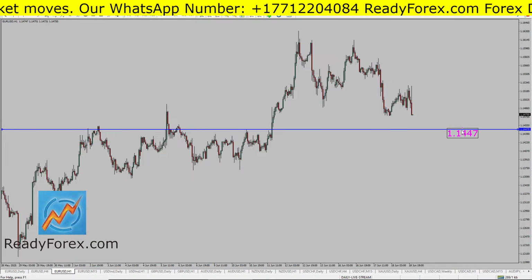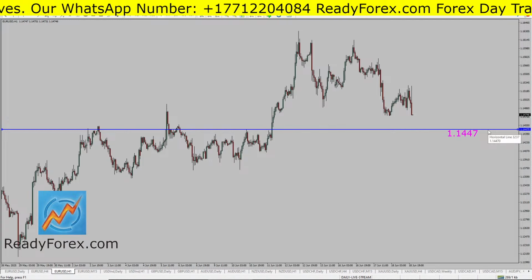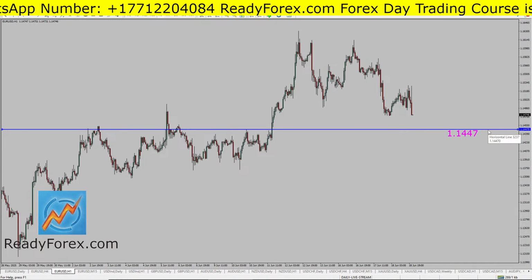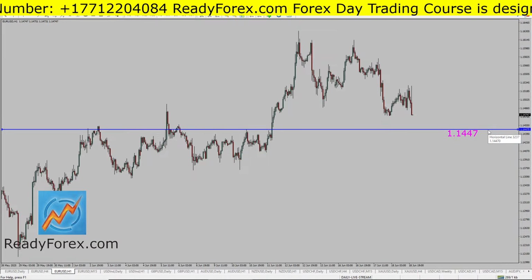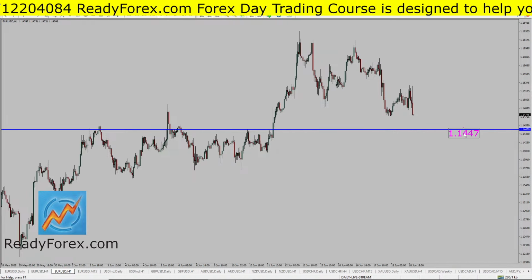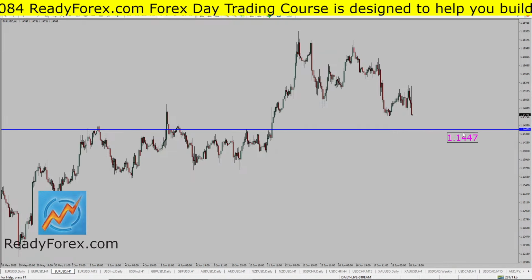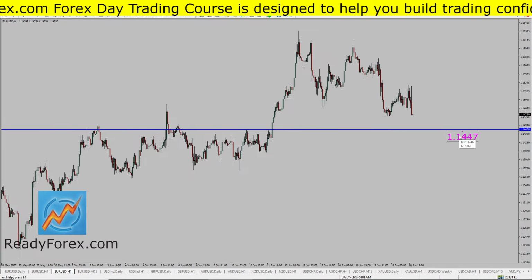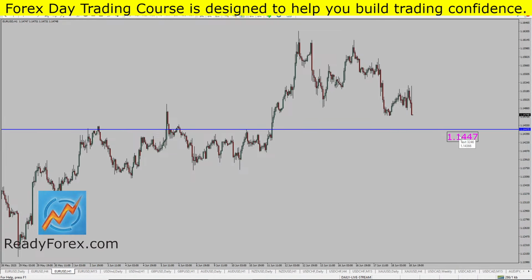This is the level that I want the price action to break lower. If price action is not going to break below this level, then I think it's a good idea not to look for potential sell trading opportunities.